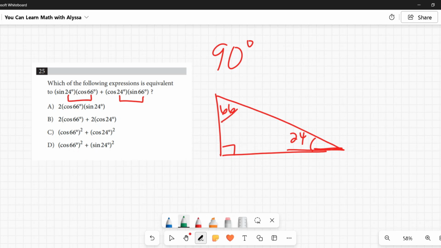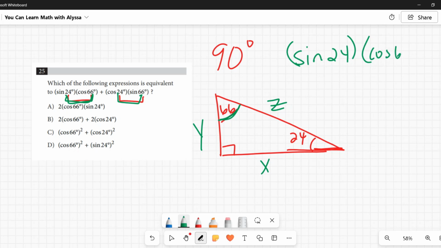Let's call this x, y, and z. So what's going to happen when I put x, y, and z into this over here? So, okay, sine of 24 times cosine of 66. That's the first one. Okay, so the sine of 24. Sine is opposite over hypotenuse. So it would be y, that's the opposite, over the hypotenuse z.